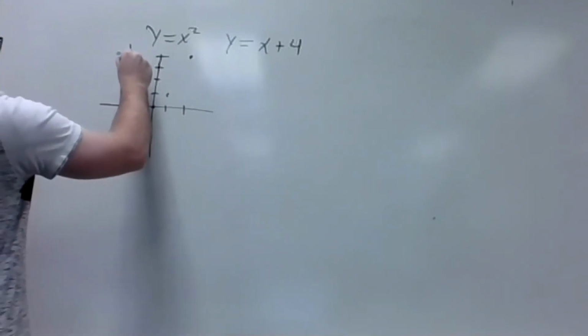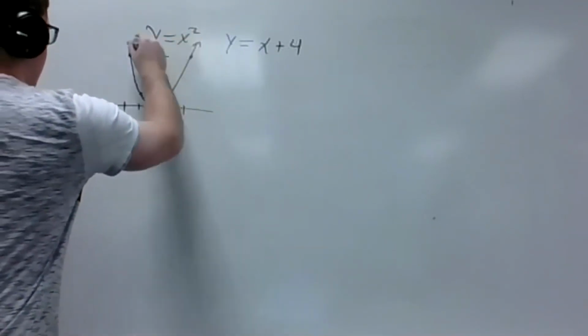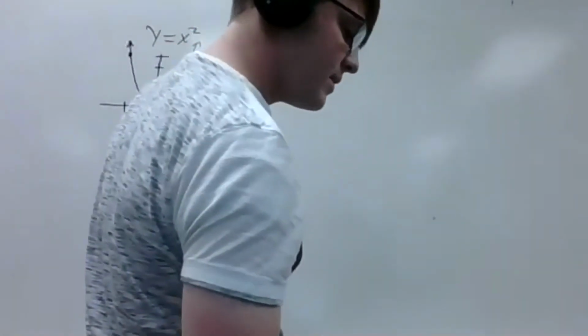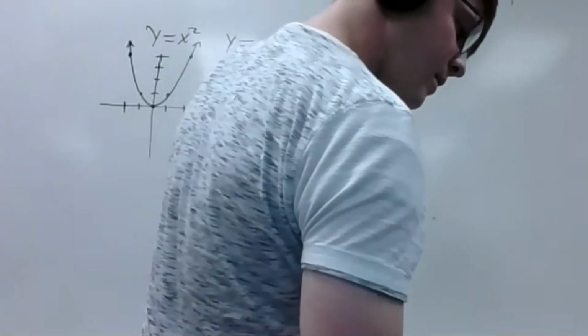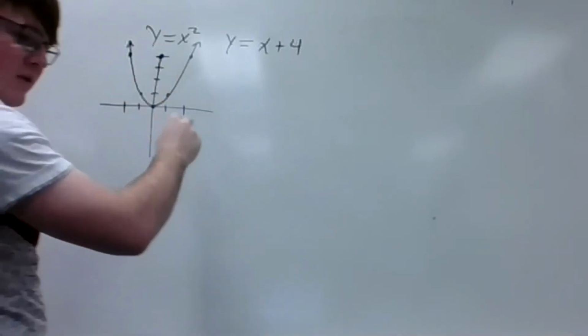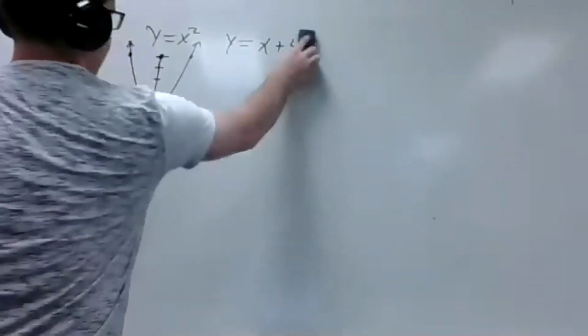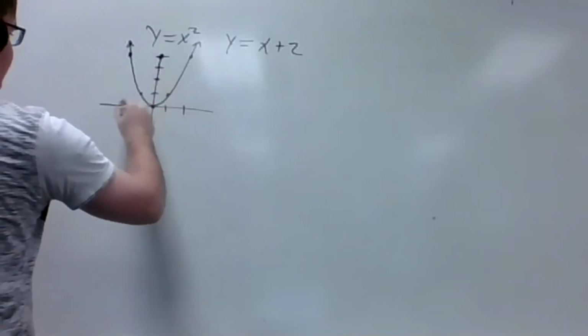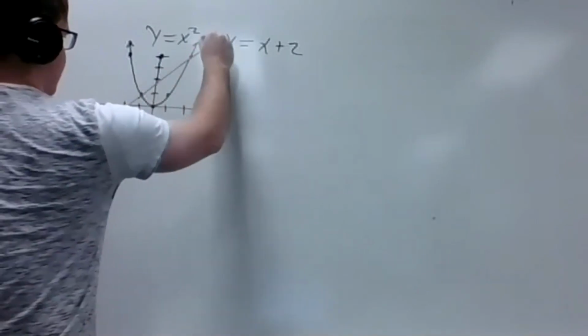All right, so there's our x squared function. And now the line, something like this. Or no, sorry, that comes out wrong. All right, so we want x plus 2. So we're going to end up with something that looks like this.